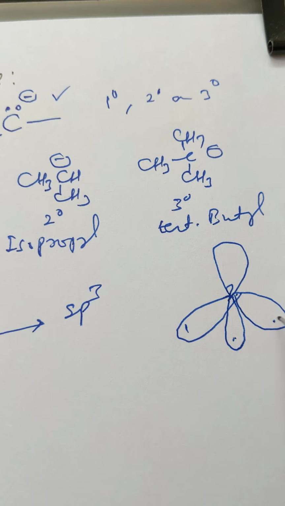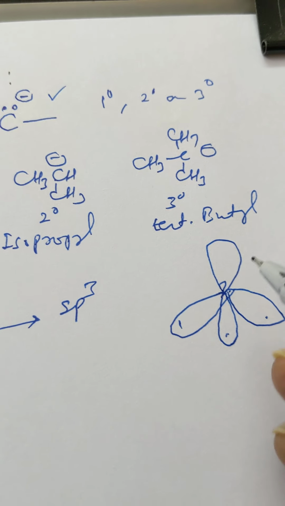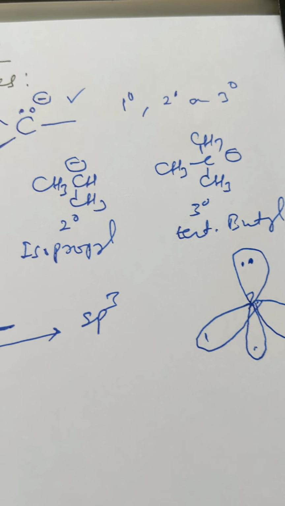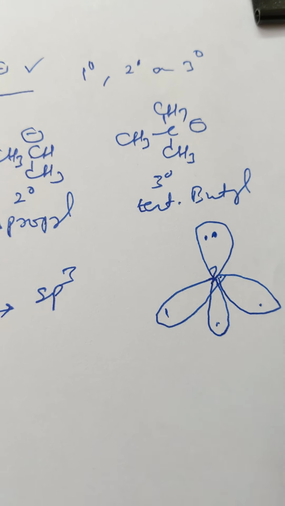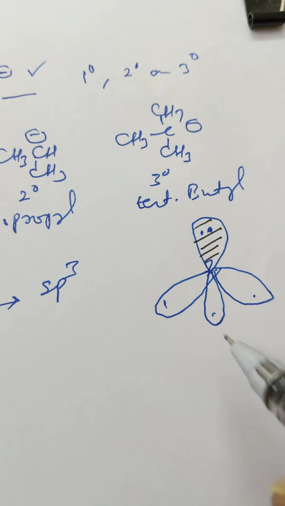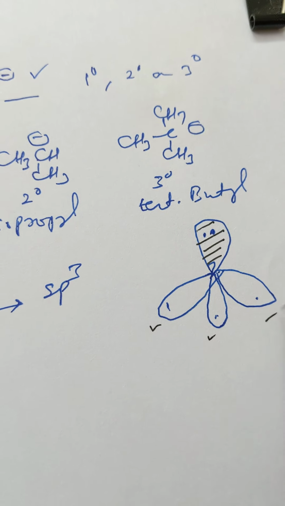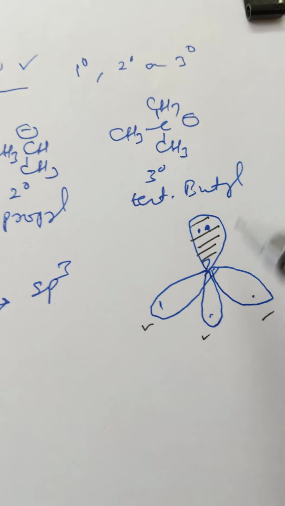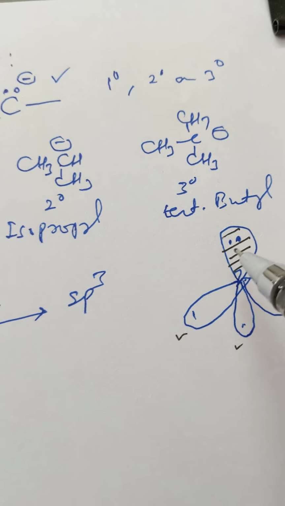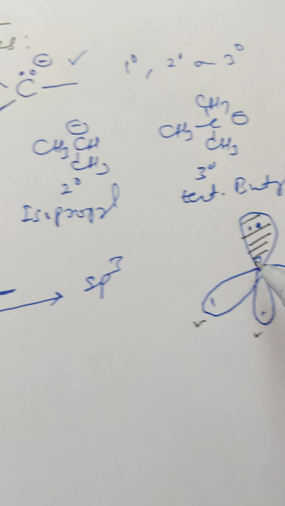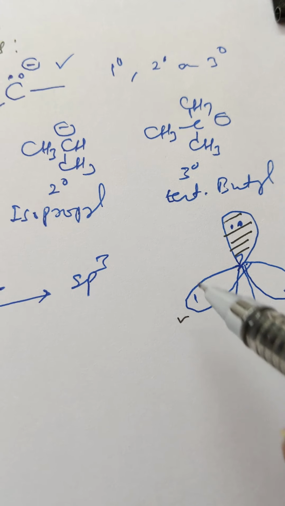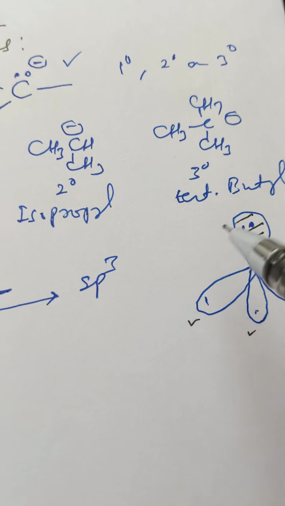Out of these, 3 have 1 electron. They will form 3 bonds, and one of the sp3 hybrid orbitals is completely filled. Now they will form 3 bonds, and it is the unshared electron pair, and this is the structure of the negatively charged carbon of carbanion.